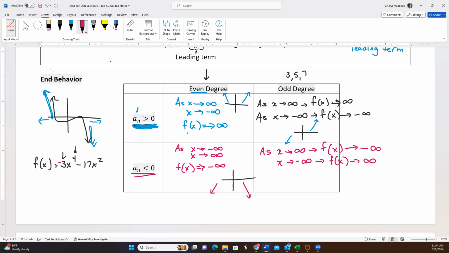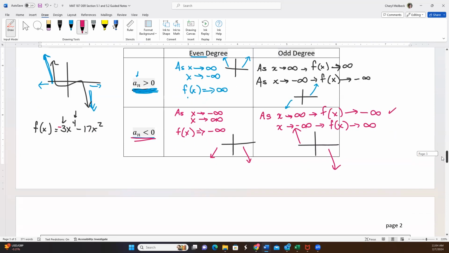So that looks like this. All right, so as x approaches infinity, your y value approaches negative infinity. That's this. And as x approaches negative infinity, your y value approaches infinity. That's that. So the end behavior is what happens as x approaches infinity and negative infinity.